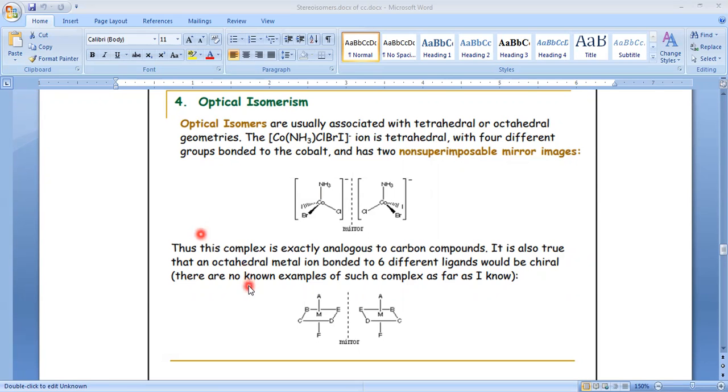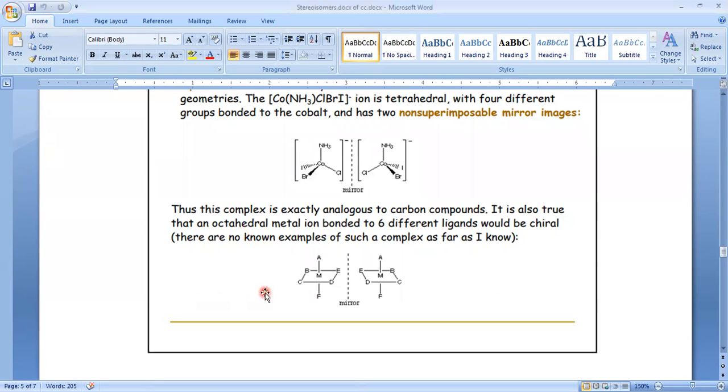Next, if you look at coordination number 6, or we can say an octahedral complex, this is the geometry of an octahedral compound. These bonds are the in-plane bonds, one is above the plane and the second is below the plane.